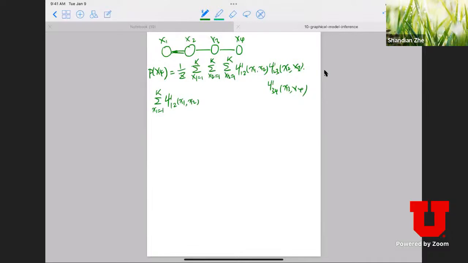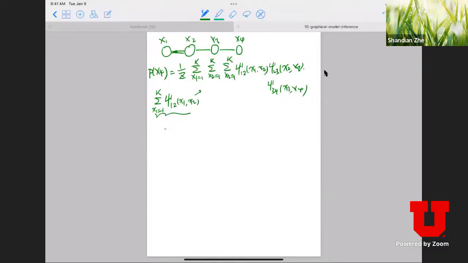We fix x2 and then sum over psi12 at x1. By doing so, for different values of x2, you end up with a function of x2 only.